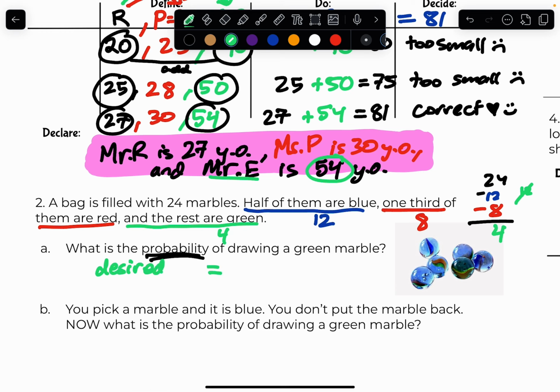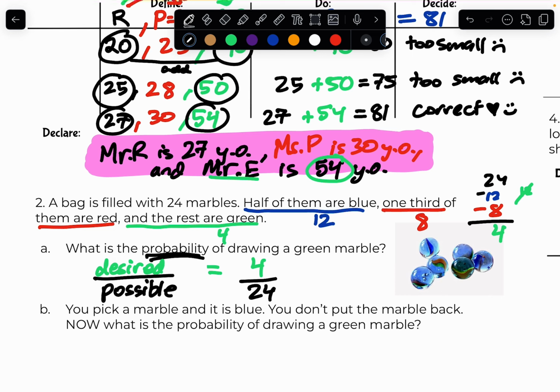How many are green? 4. And how many possible outcomes are there? Yep, 4 out of 24. 4 out of 24 are green. So if you got 4 out of 24, that is basically correct.